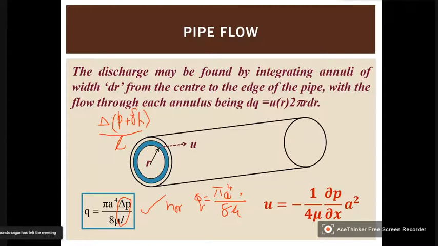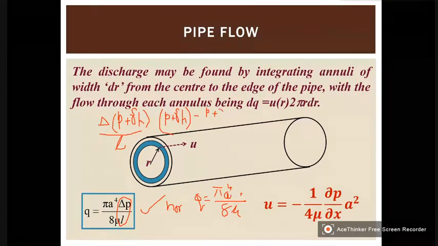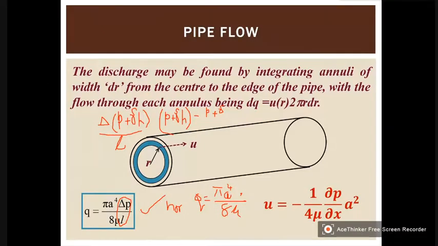Because here we have P plus gamma H. For delta P, I am saying you should not write just that; this is what you have to write.